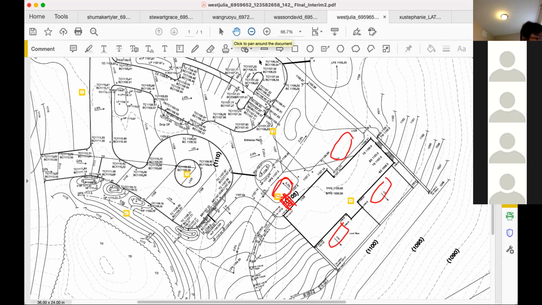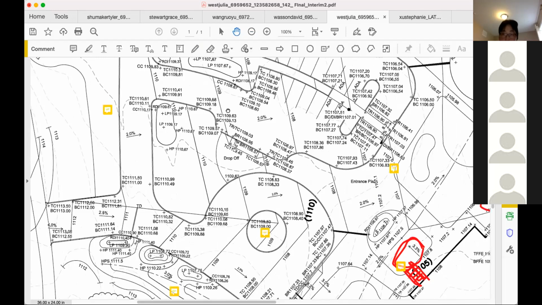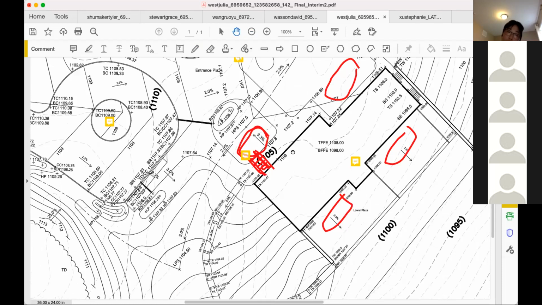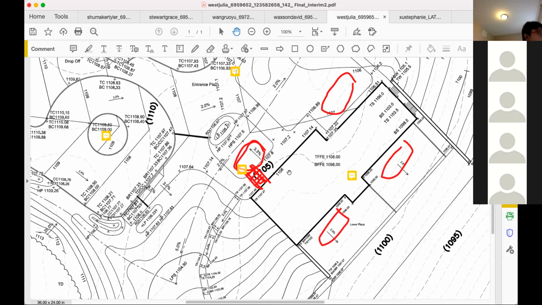So is the plaza too flat? Okay. Well, need to look at where the ridge line is. So we have a ridge line like this, and then we have this contour being 1107, 1108. This is 07.